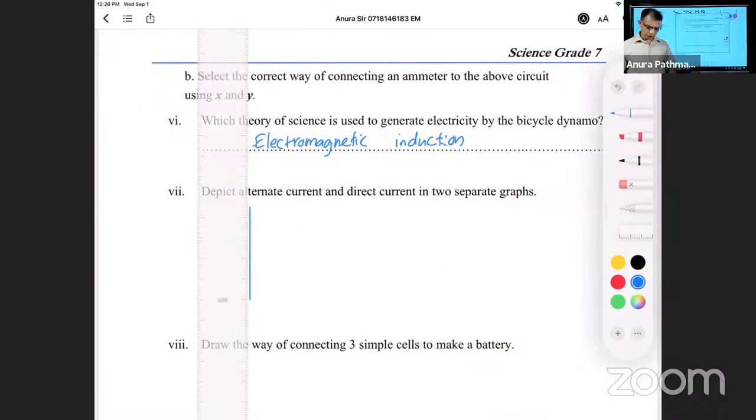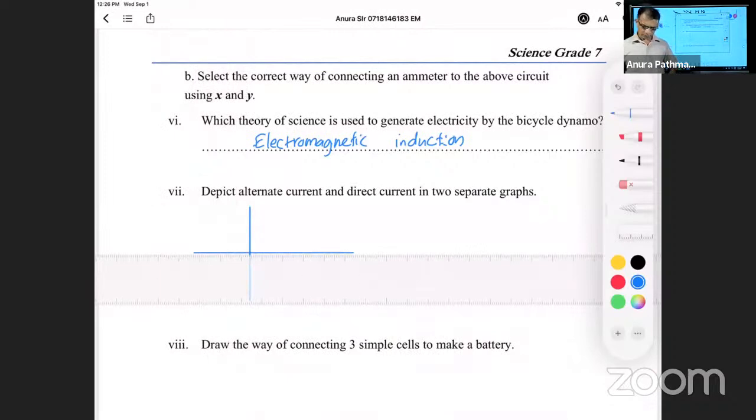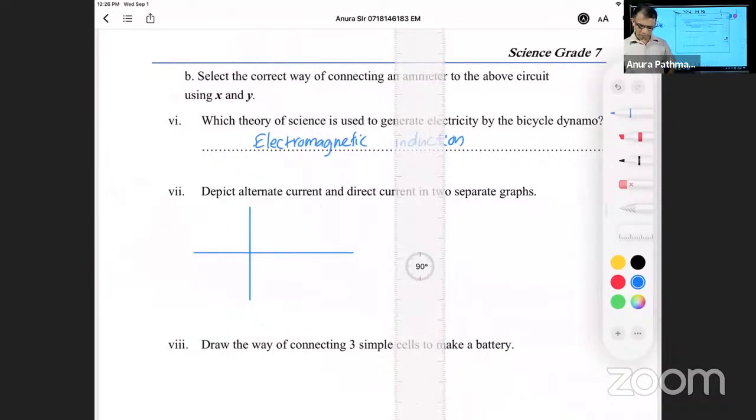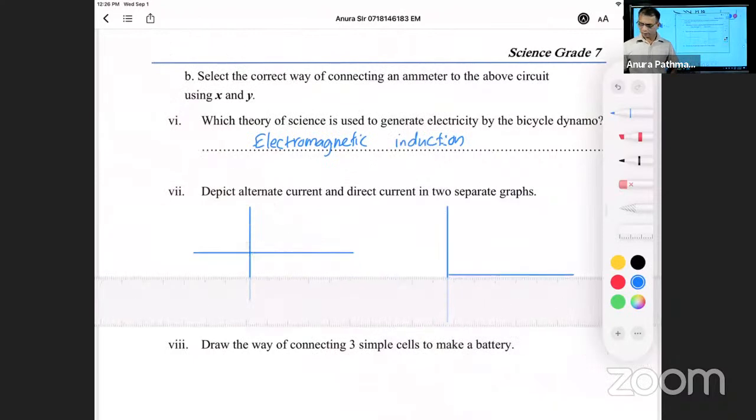This is alternate current, and this is direct current. Alternate current and direct current. It is in your textbook, page number 51.